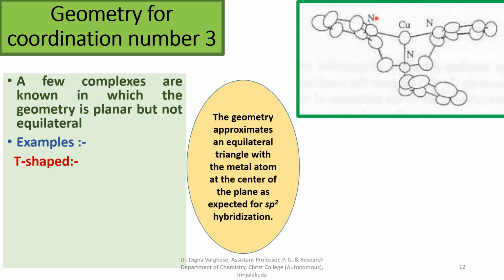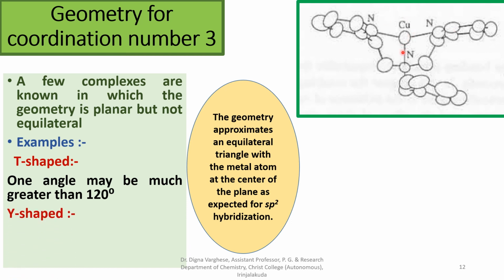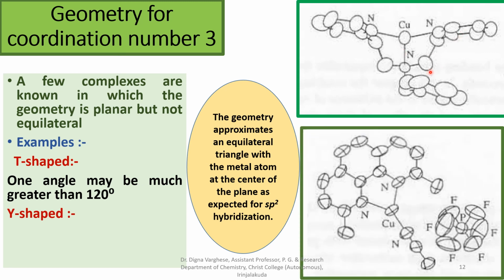You can see from this structure of a copper complex. It is a T-shaped molecule. One angle may be 120 degrees, maybe much greater than 120 degrees, and it is Y-shaped also. Here you can see a Y-shaped compound.